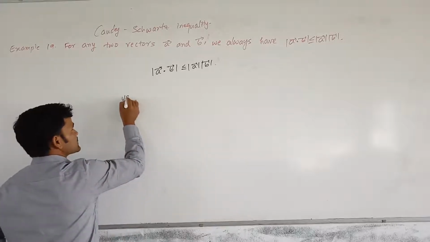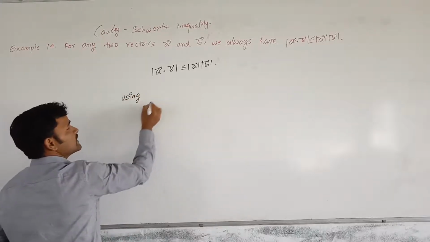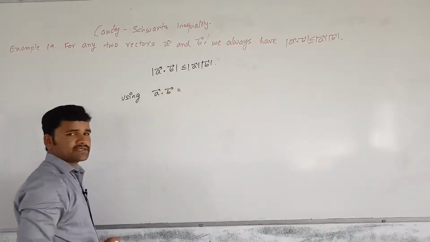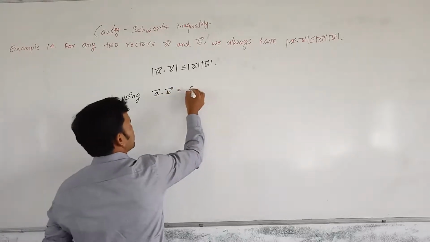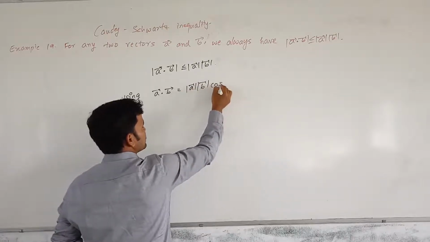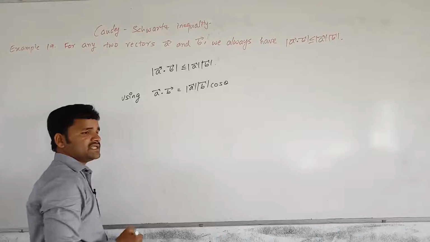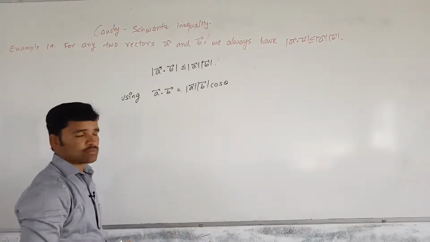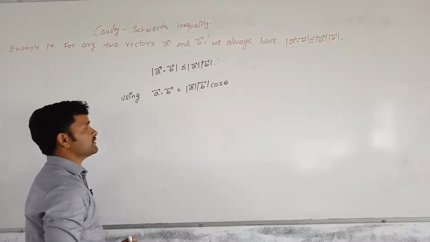See, we will use A dot B is equal to magnitude of vector A, magnitude of vector B into cos theta here. We want only positive values, that is modulus of A dot B we want.